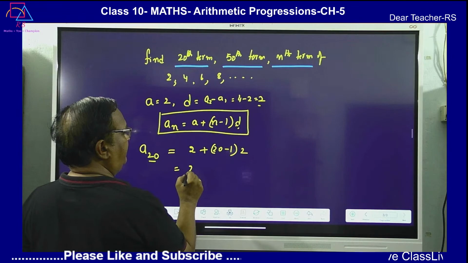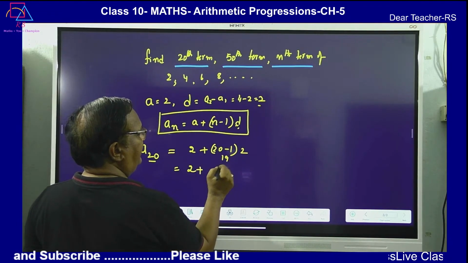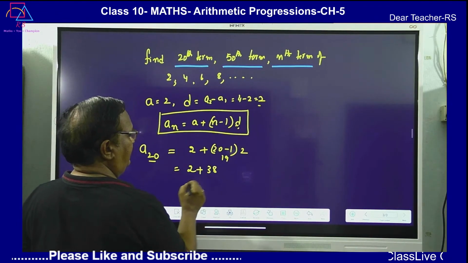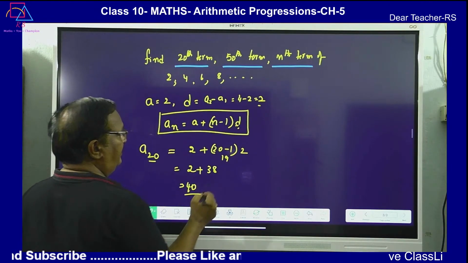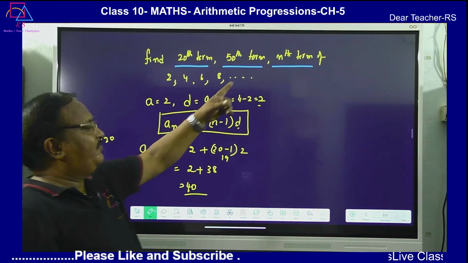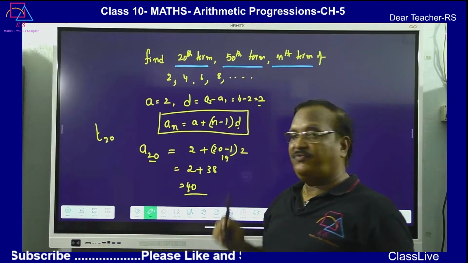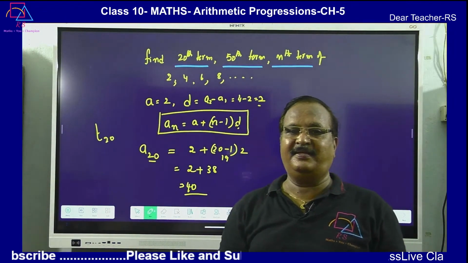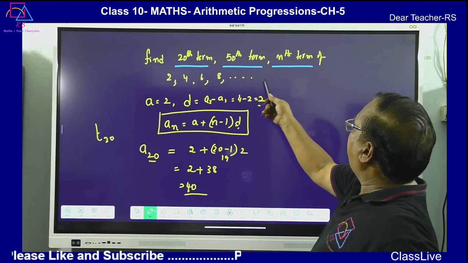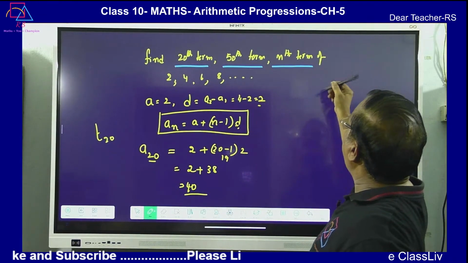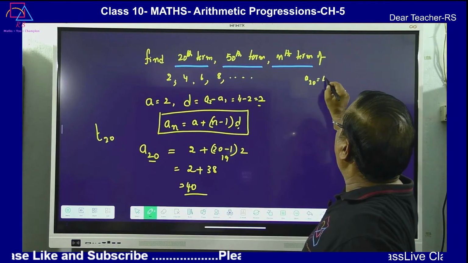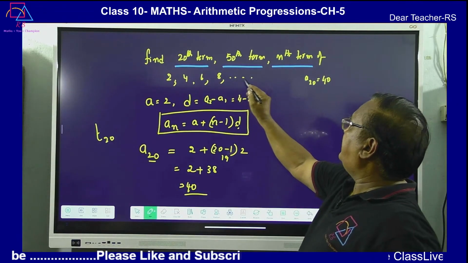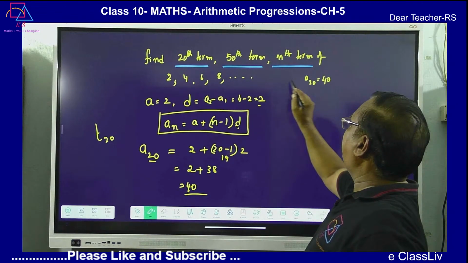So 19 into 2, 38, plus 2 is equal to 40. So the 20th term is 40. Without writing all the numbers, we got the 20th term equal to 40. We did not write the in-between terms, we got it directly.